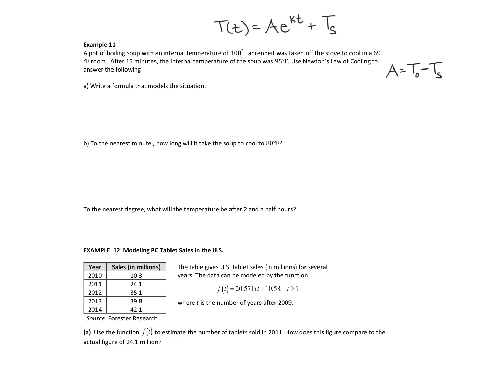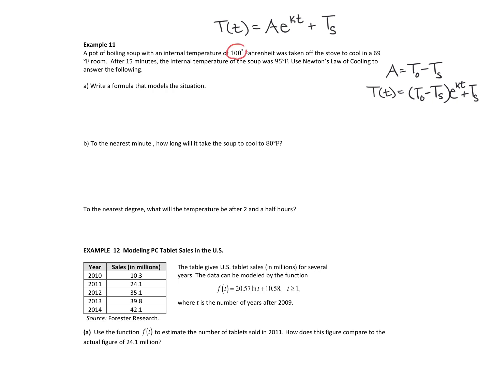So I'm going to have T of t equals T sub 0 minus T sub S, e to the kt plus T sub S. So let's identify some of our pieces.